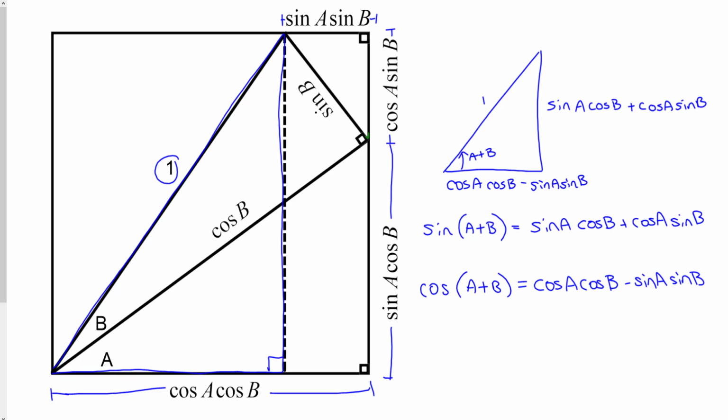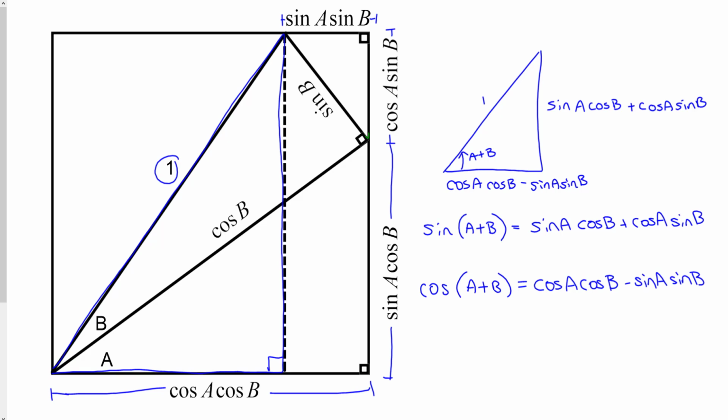The tangent of A plus B would be the opposite over the adjacent side, and so you would just divide and simplify those terms. But we'll wait for that until later. Right now, we've established the sum identities for sine and cosine.